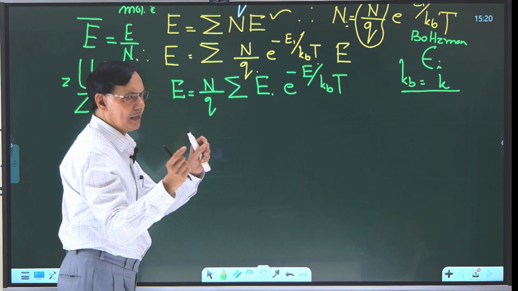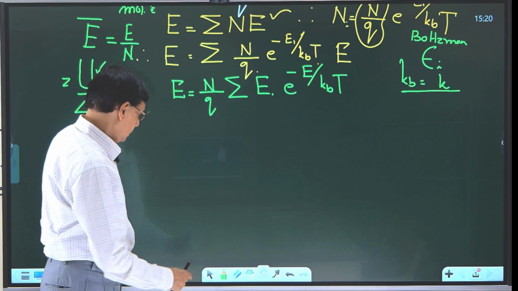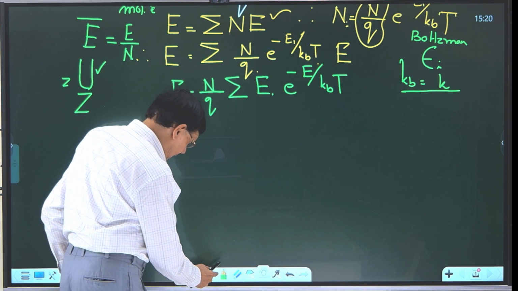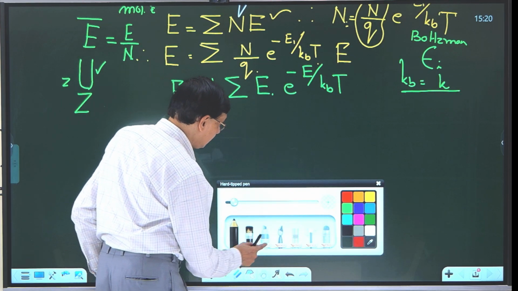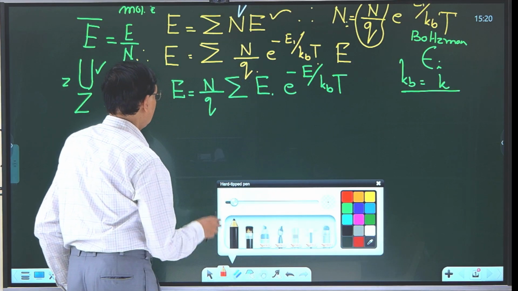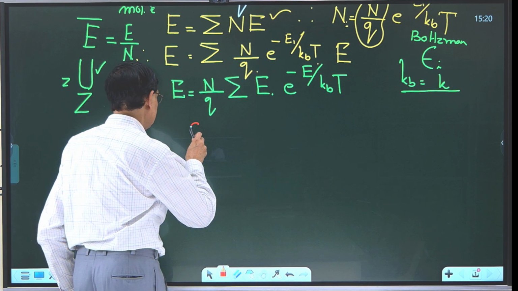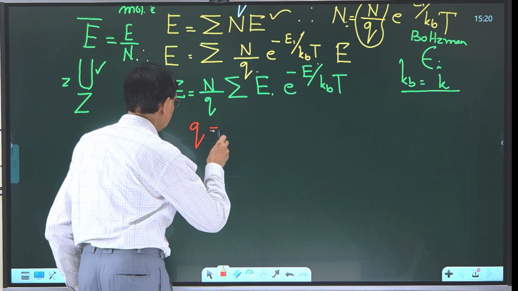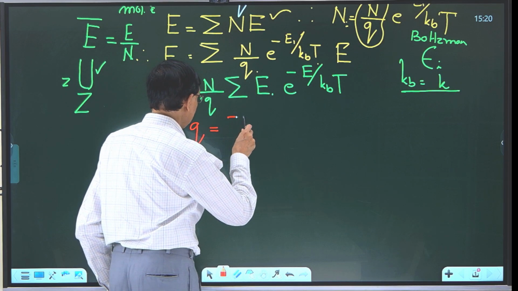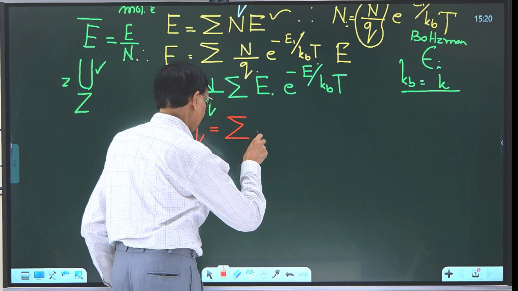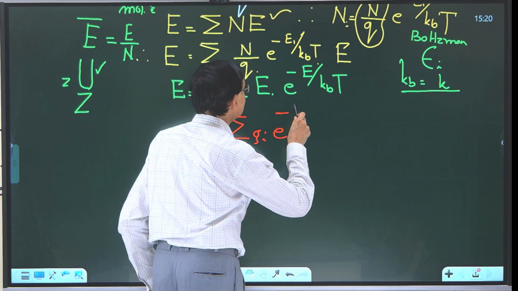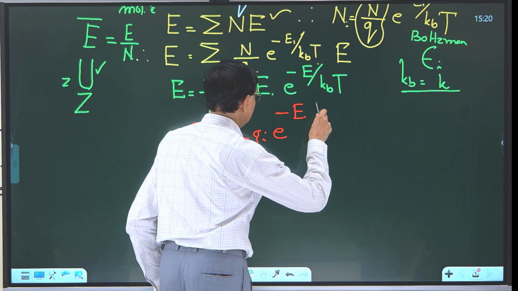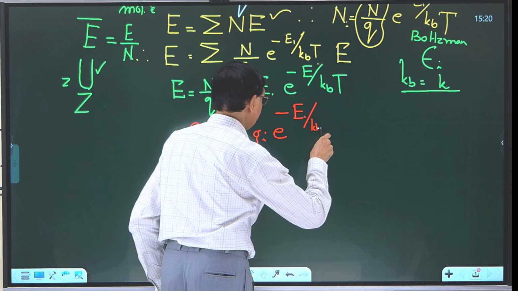So the last stage requires slight mathematics. Now I have to use the partition function, and we know the formula of the partition function is Q is equal to summation, you can write gi also, exponential minus Ei by kBT.